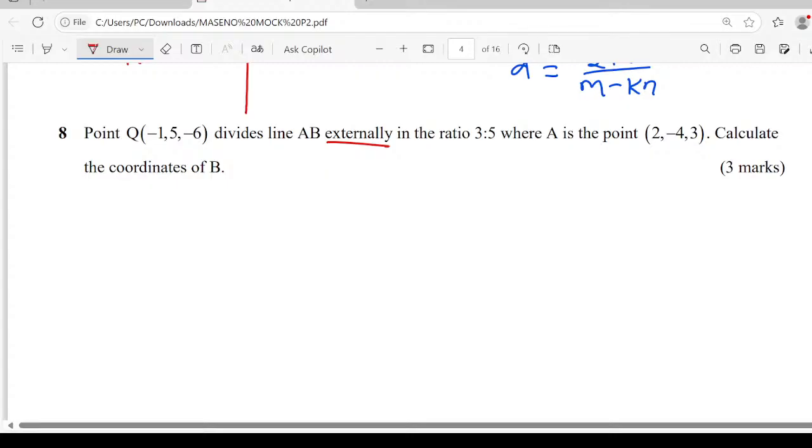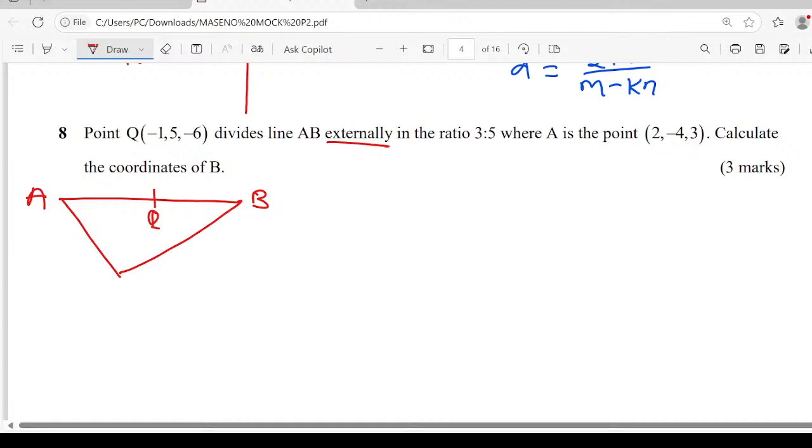For example, say I'm having a line AB. Point Q divides the line AB, so I can have a point Q here, which divides the line AB externally in the ratio 3:5, where A is this point. Then we are told to get the coordinates of point B.